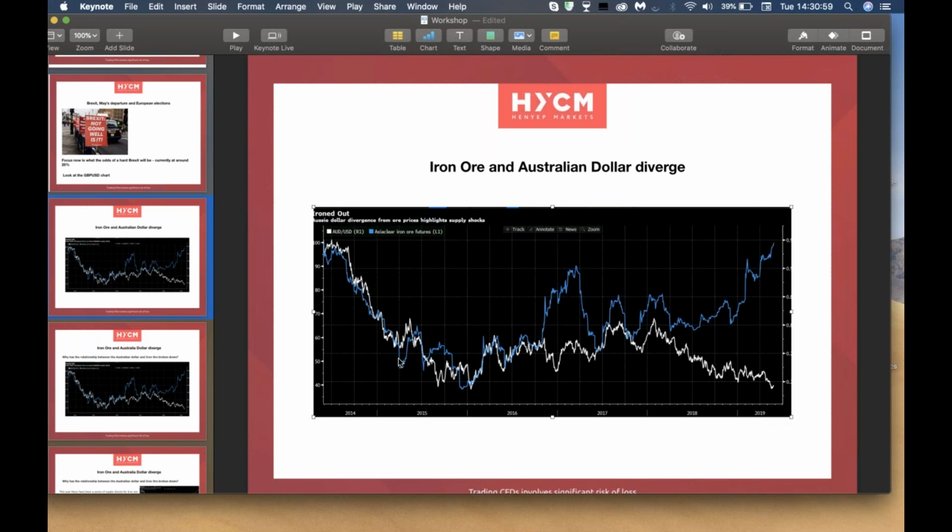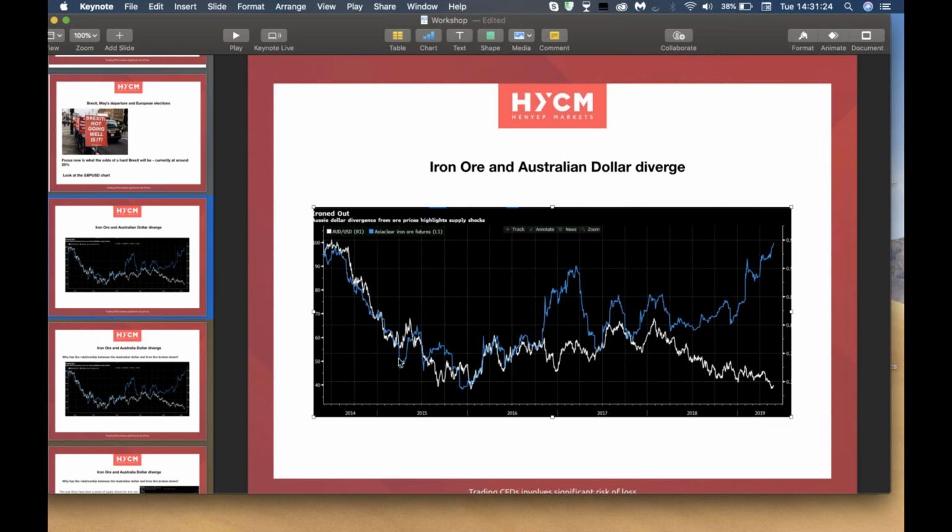When iron ore is going down, the Australian dollar is going down. When the price of iron ore is going up, that naturally lifts the Australian dollar up with it. So they're very closely correlated. The other big exporter is Brazil, and between the two of them, they make up around 70% of the world's entire iron ore global exports.